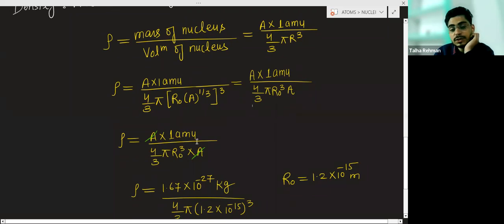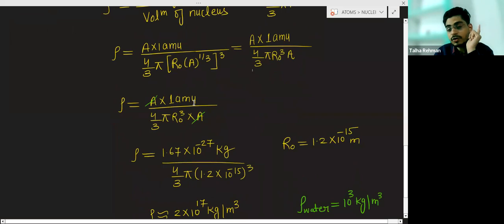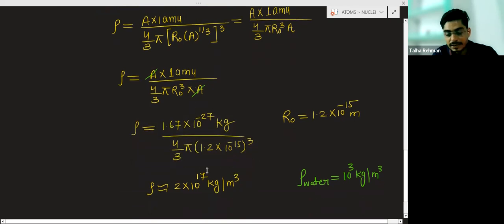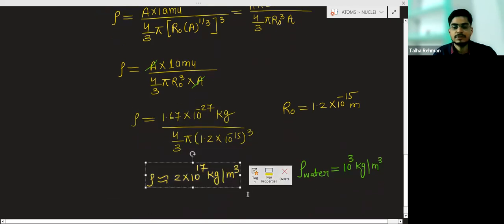What is the value of 1 AMU? 1.67 into 10 to the power minus 27. So you will put this value, and you will put the value of R naught also because it is constant. When you calculate this, you will get the density of nucleus.